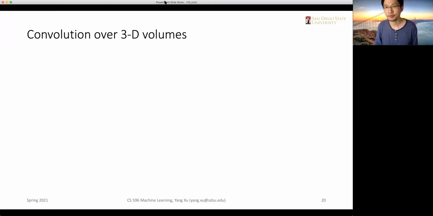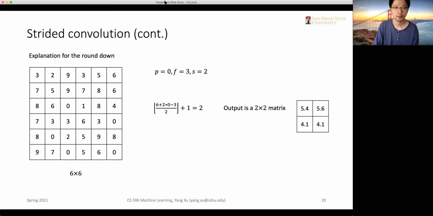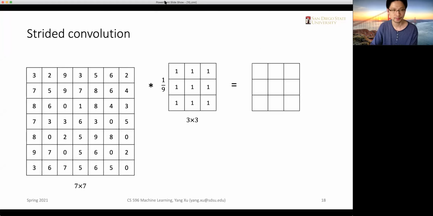Okay, so we're gonna continue our journey into convolutional neural networks. We haven't reached the part for the network yet, right? We have done with convolution operator based on these two-dimensional inputs.